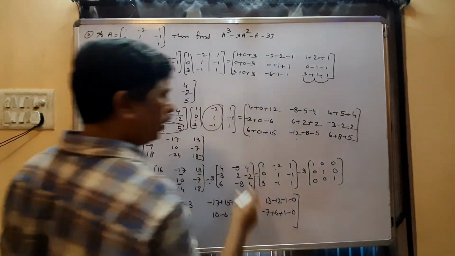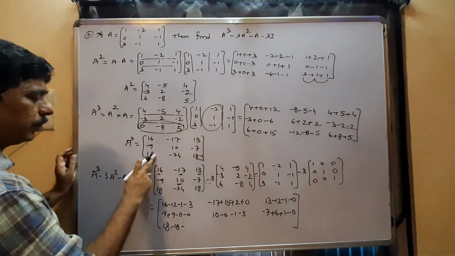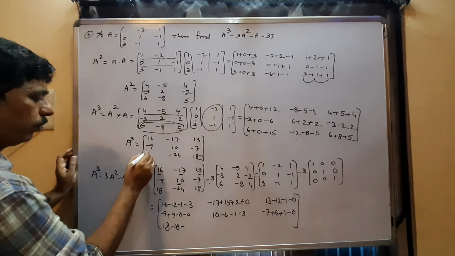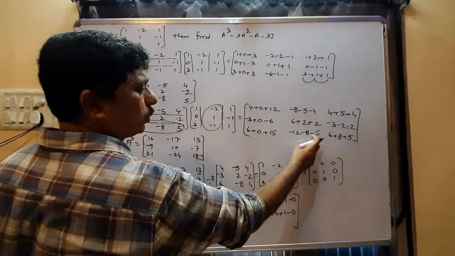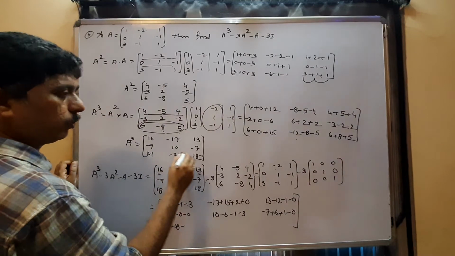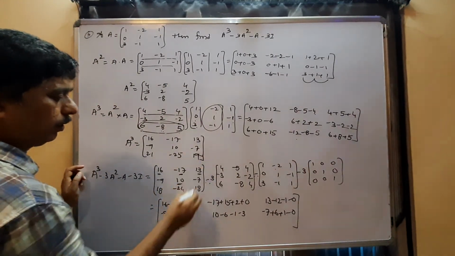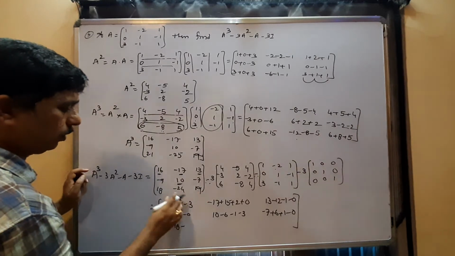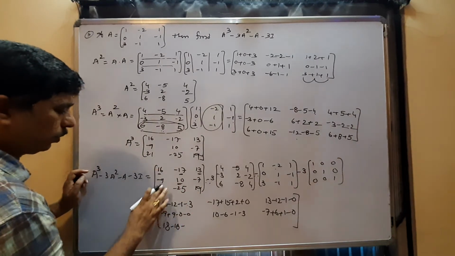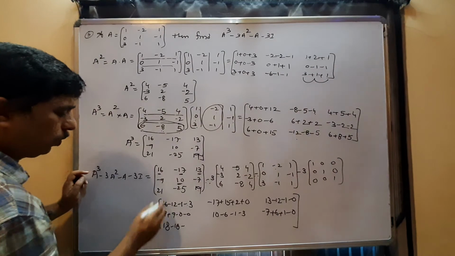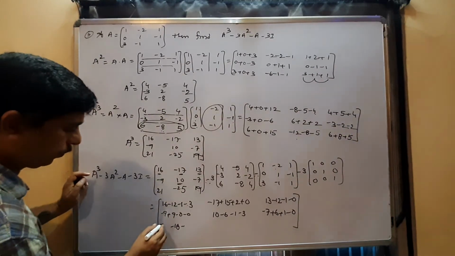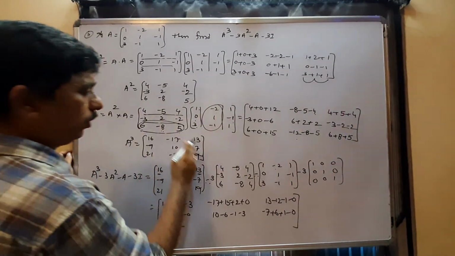That means the AQ value changes: 6 plus 15, 21. This is minus 25. That is 11, 19. So this is 19, 25, this is 21. Remaining everything is same. So this is 21, 5 here.